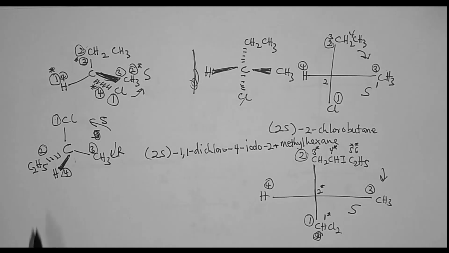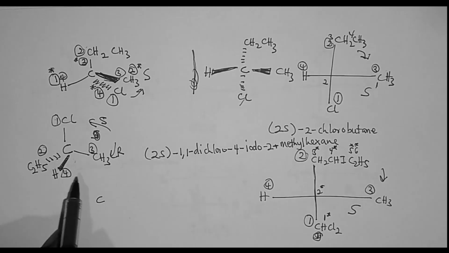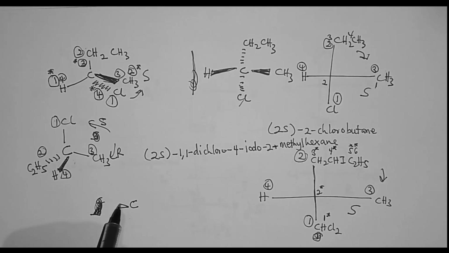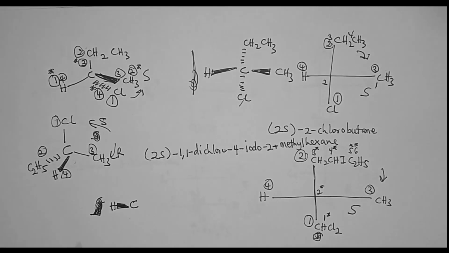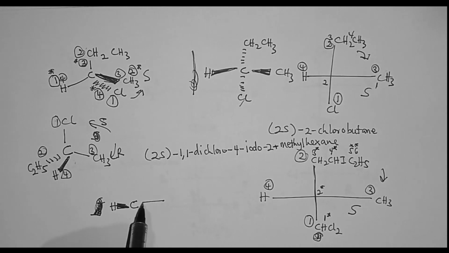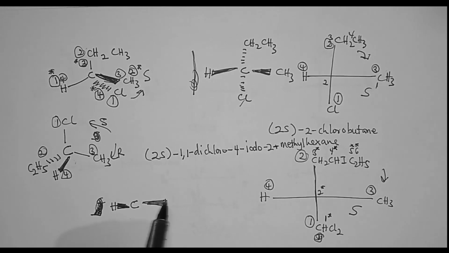Let's convert it to a Fischer projection. And what we do is that this proton is pointing away from us. And therefore I'm putting the proton somewhere here. And then this chlorine too is also pointing away. So the chlorine is here.